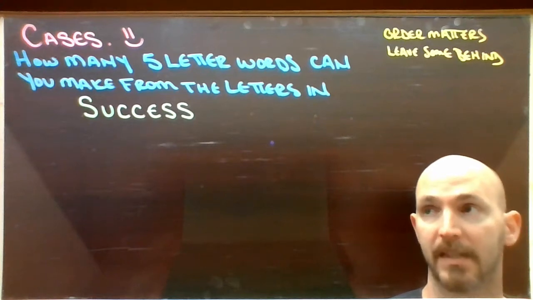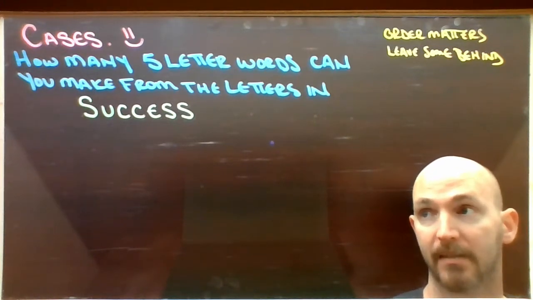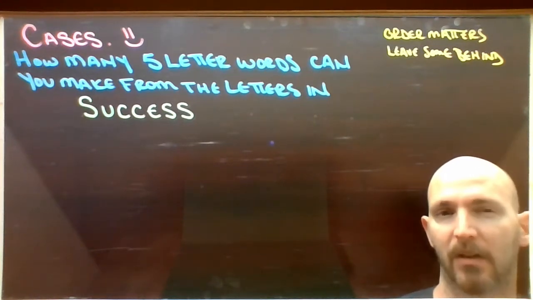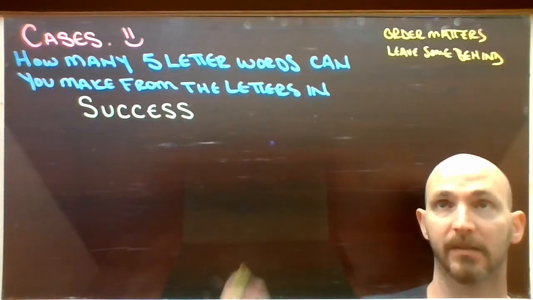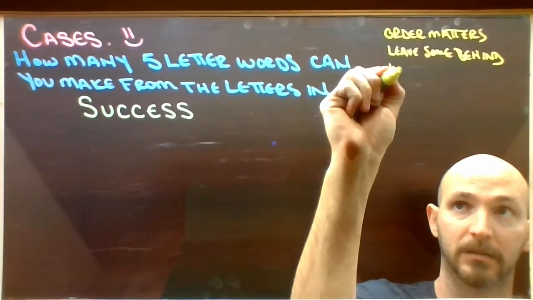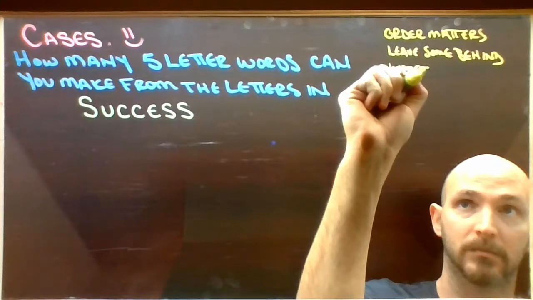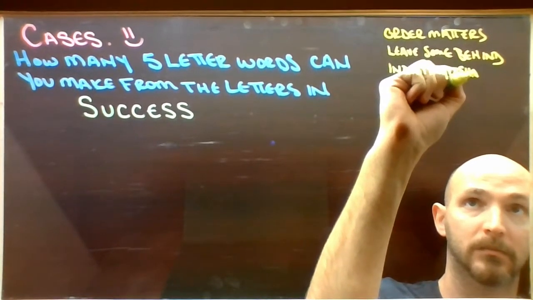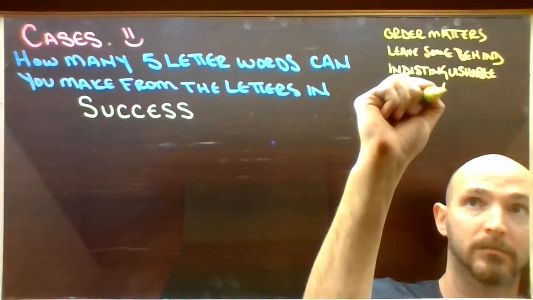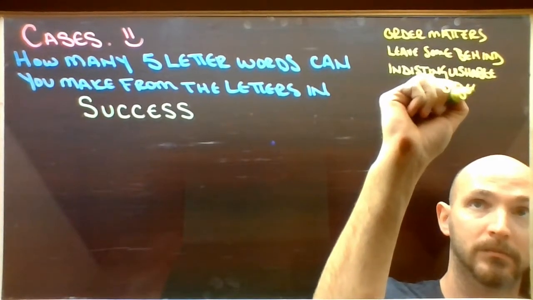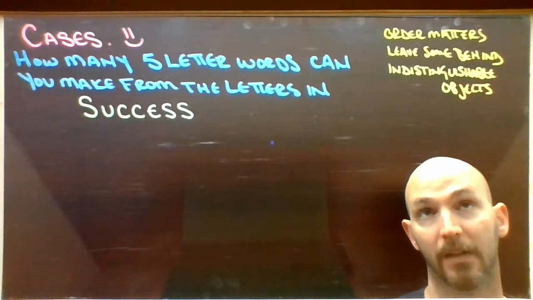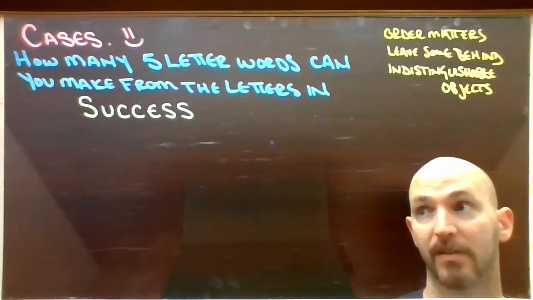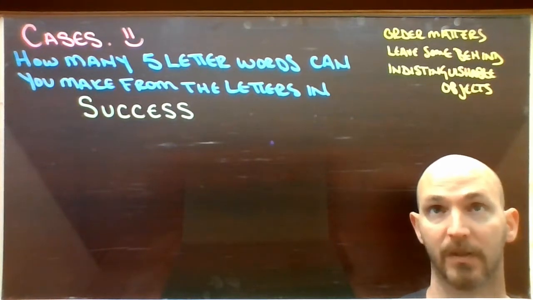And if I look at that sequence of letters, I have a triple S and a double C. So there are some indistinguishable letters here. And just to complete my set of core questions, there are no conditions on how to do this.